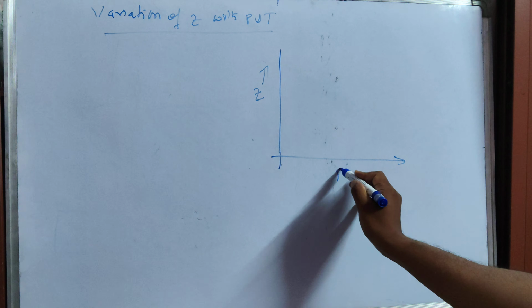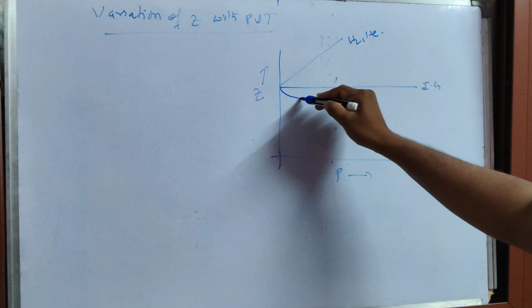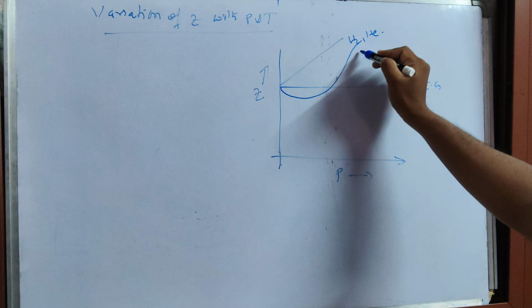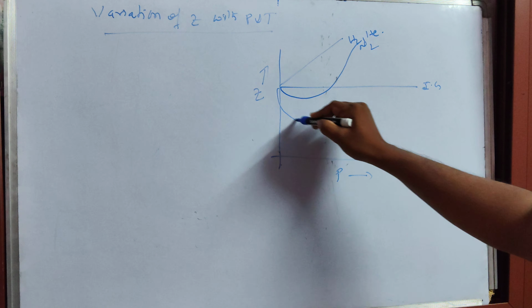In case of hydrogen and helium, this is the graph. In case of nitrogen, this is the graph. In case of oxygen, this one. In case of carbon dioxide, this is.